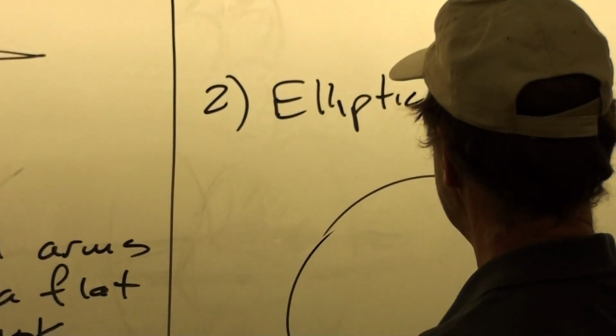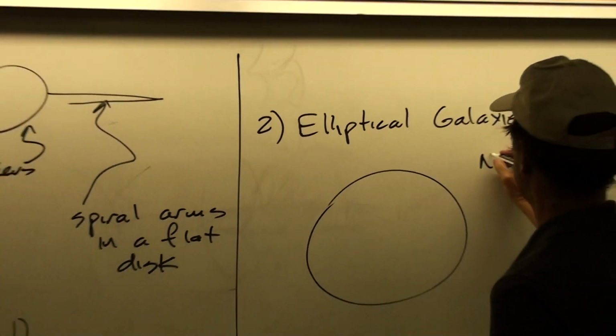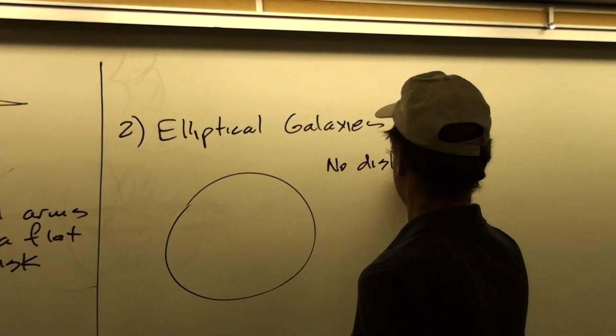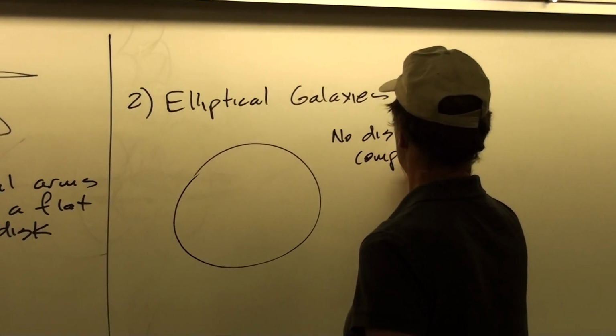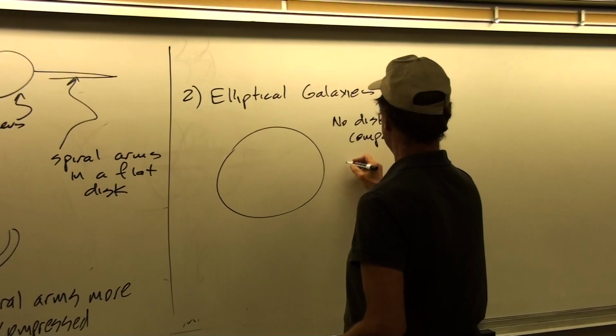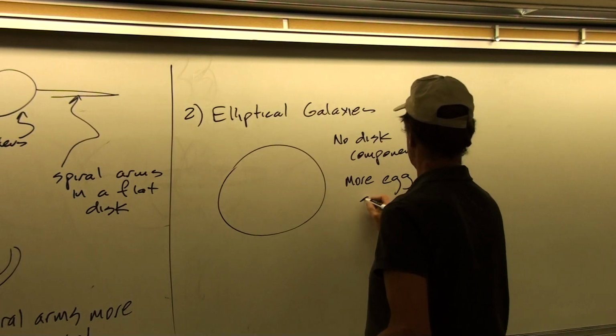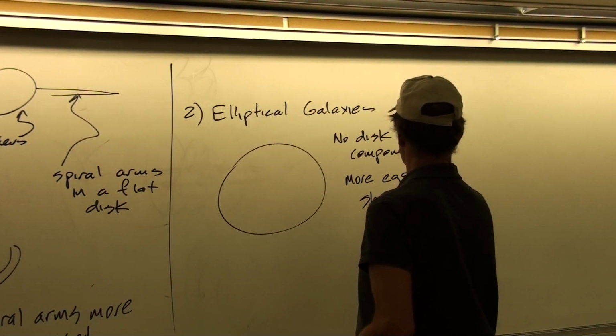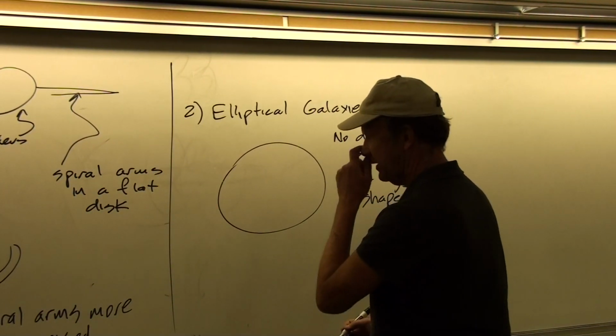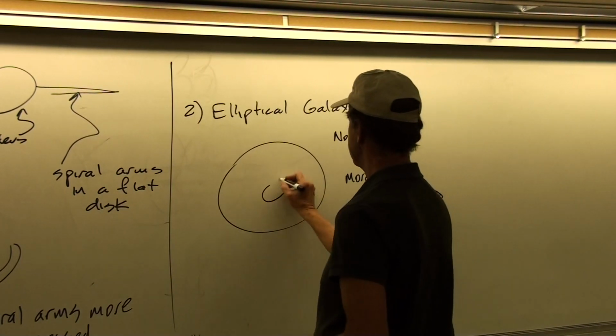Now, oftentimes these elliptical galaxies don't have a disk component. They're more egg-shaped. But still with a galactic nucleus in the center.